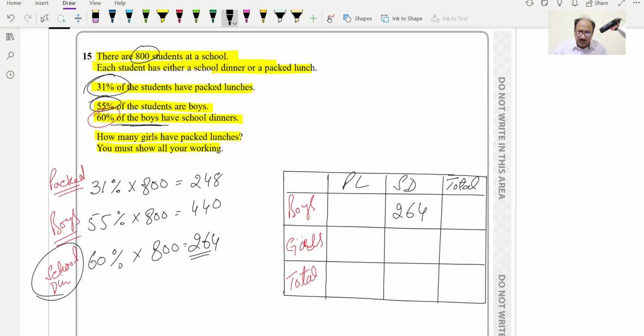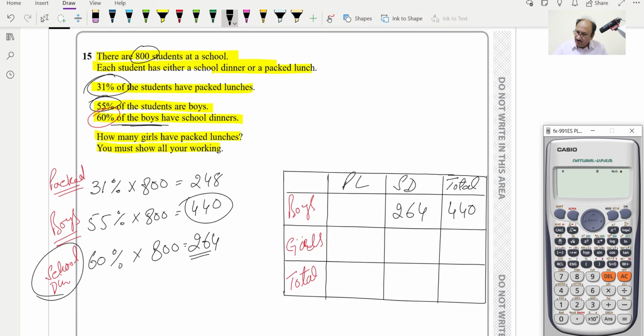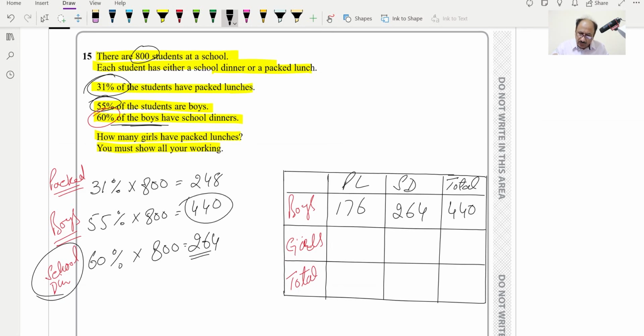This is school dinner for boys, and total boys are how many? This is the information which we have. So total is 440, and from here we can calculate this one. Packed lunch will be, after subtraction of 440 minus 264, 176, and this will be packed lunch for boys.